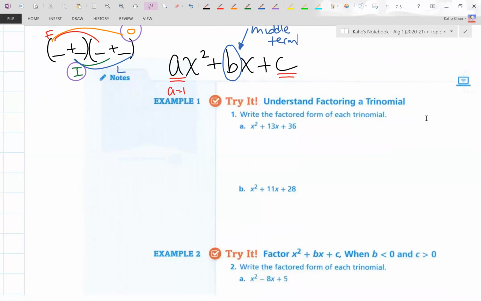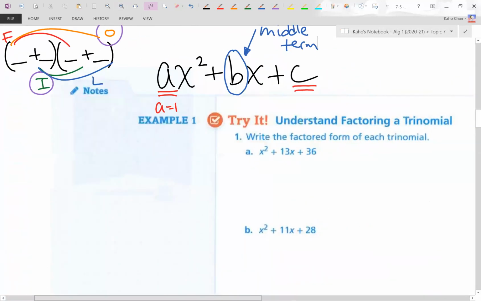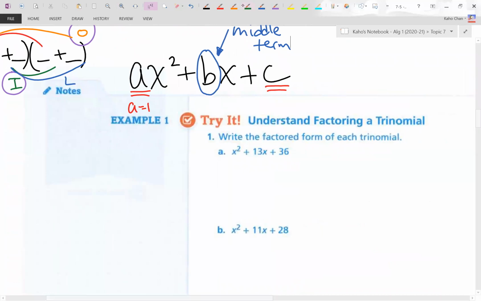Number 1a, write the factored form of each trinomial. x squared plus 13x plus 36. Let me zoom in a little bit so you can see better. Okay. So this is what we need to do. We need to figure out what goes into this particular binomial times a binomial.